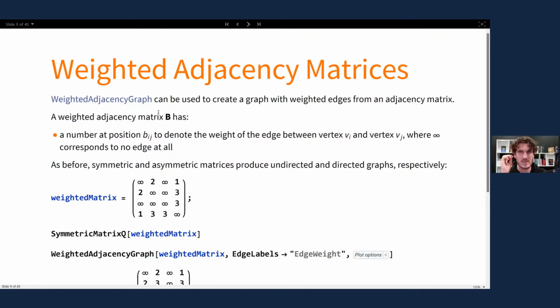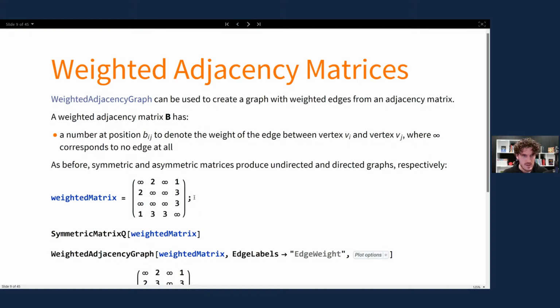You just need to think about that for a second. If you quantify a weight as, say, how hard it is to get from this node to this node along this edge, then if there's no edge, it's infinitely hard. That's a nice way to think about it.